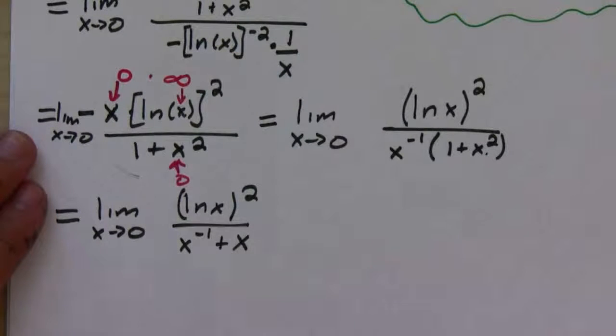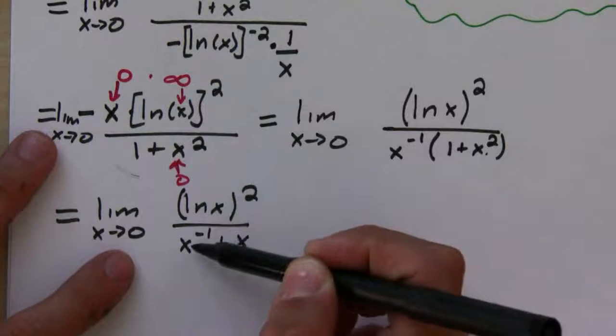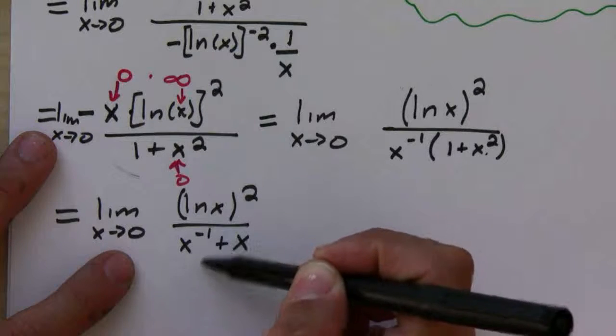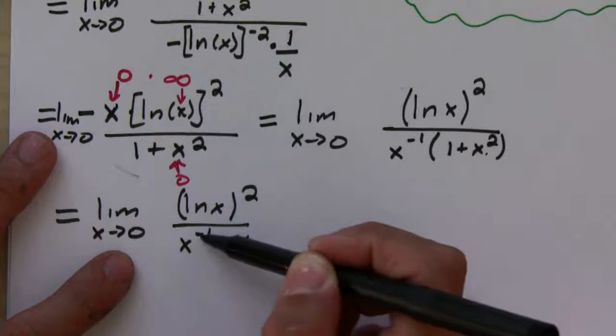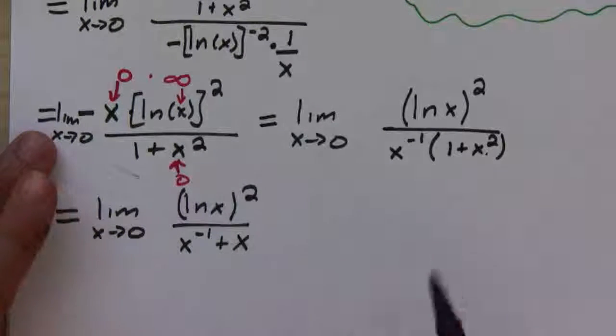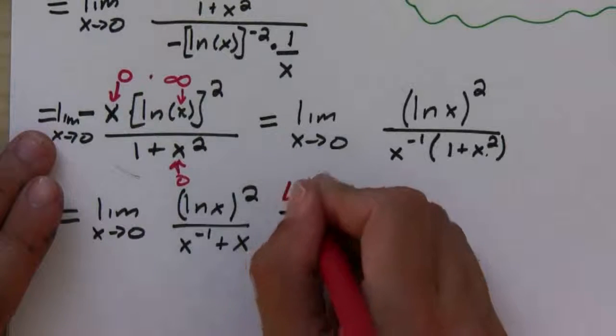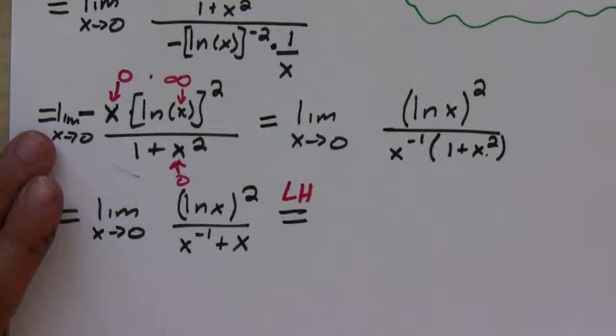Okay, now if I plug in 0, this guy's going to infinity, and the denominator x to the negative 1 is also going to infinity plus 0. So I have infinity over infinity, so this means I can use L'Hopital's rule again, and hopefully this will take me somewhere this time.